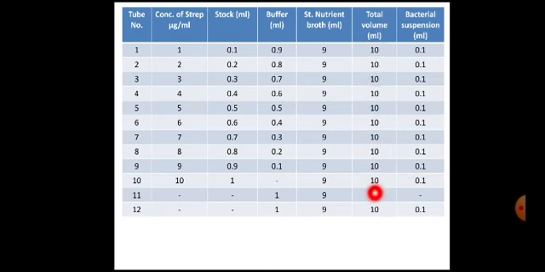In all the tubes there will be the total volume of 10, and in all the test tubes, that is from 1 to 10, you have to add equal number of cells, the test organism, that is 0.1 ml of suspension. This is a clarity control, so there is no need to add suspension. The last one is turbidity control, so we need to add suspension.